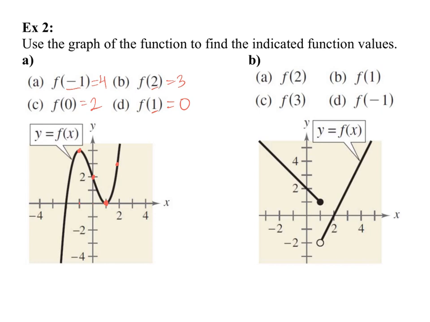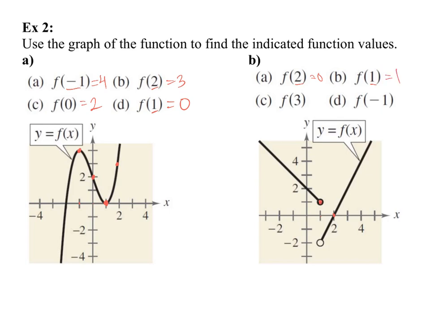For part B, let's look at A. My input is 2. Let's find 2, and my output, my y, is 0. And for part B here, x is 1. What is the y value? Here's my y value, 1.